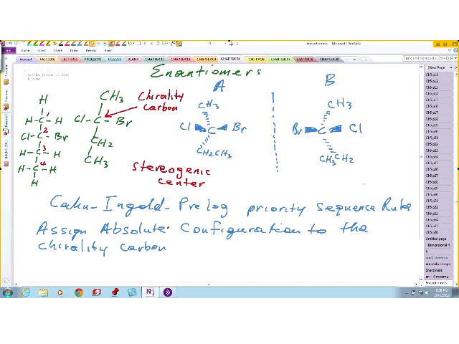And this absolute configuration we designate as R or S. We'll tell you what that means in a few minutes. And then you want to ask, what is absolute configuration? Absolute configuration is the specific 3-dimensional arrangement of the groups that are attached to a chirality carbon. Let me write it down.